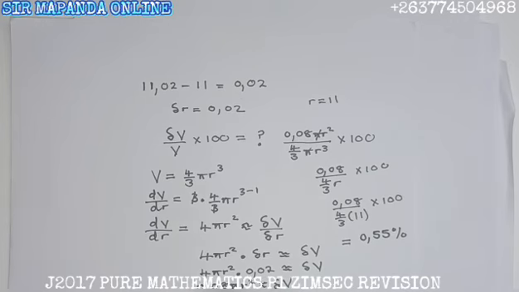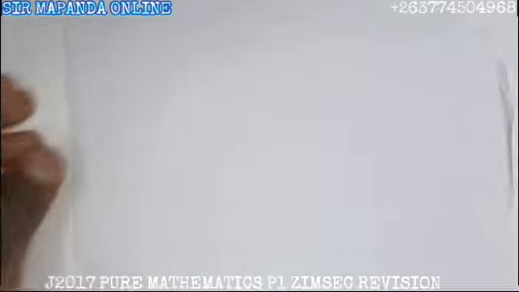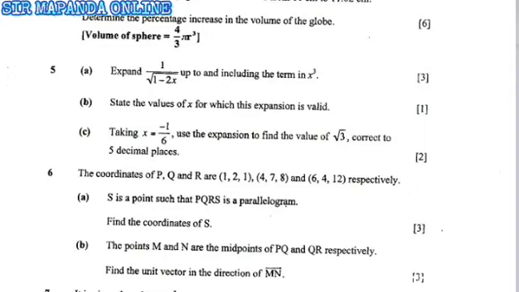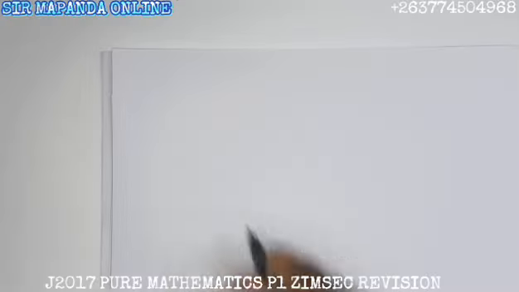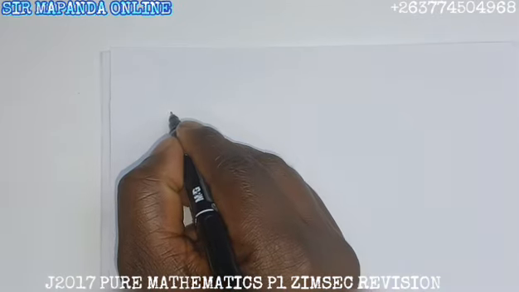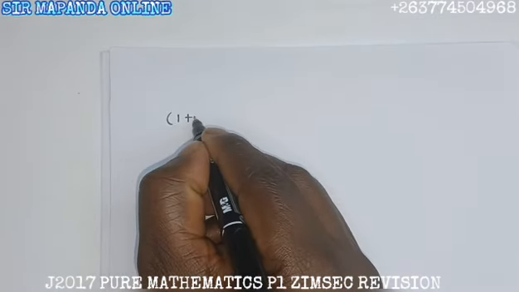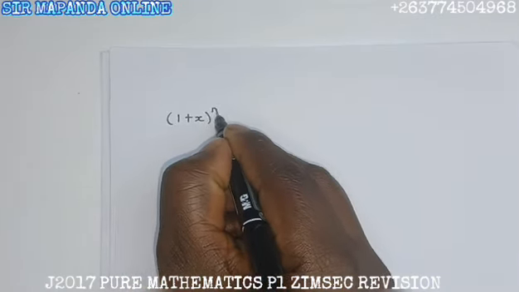Let us move on to question number 5. It's expand 1 over square root of 1 minus 2x up to and including the term in x cubed. So firstly, you need to understand the binomial expansion formula, 1 plus x to the power of n.